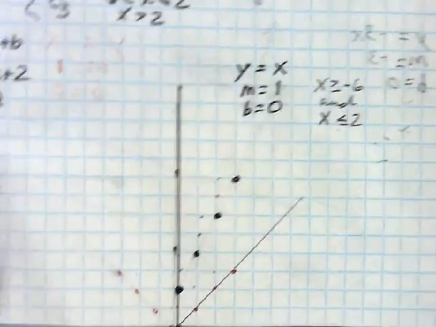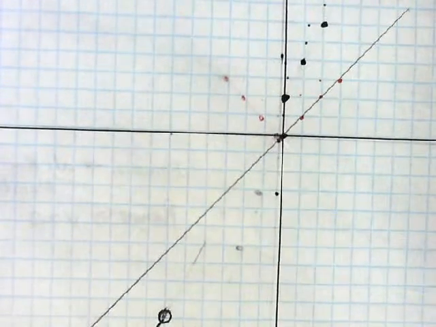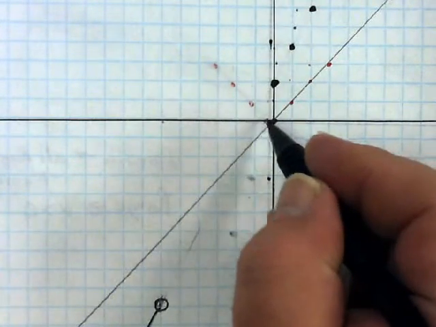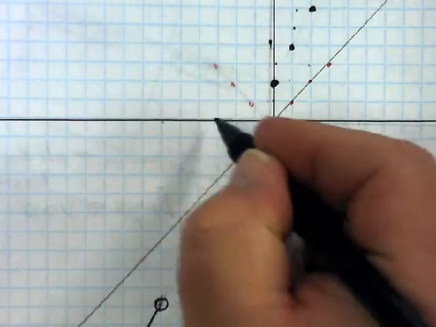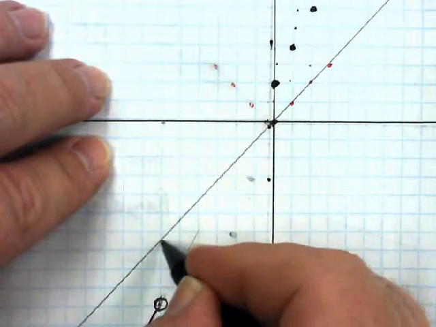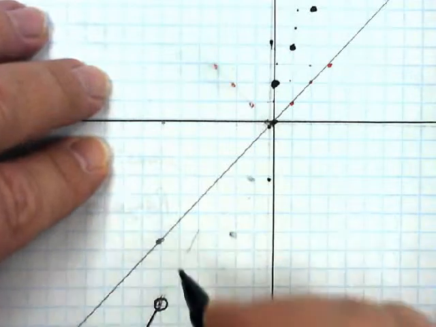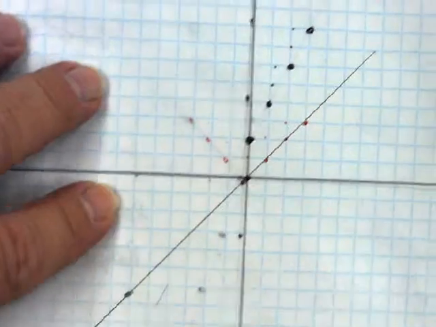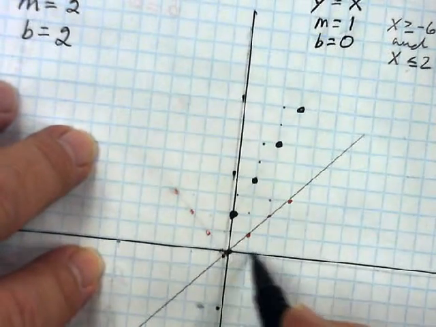So if I need the numbers greater than or equal to negative 6, I would come over here to negative 6 and come down. Right here's where it contacts the graph, right? And I need it to be less than or equal to 2, which means I come over here to where the x is 2.